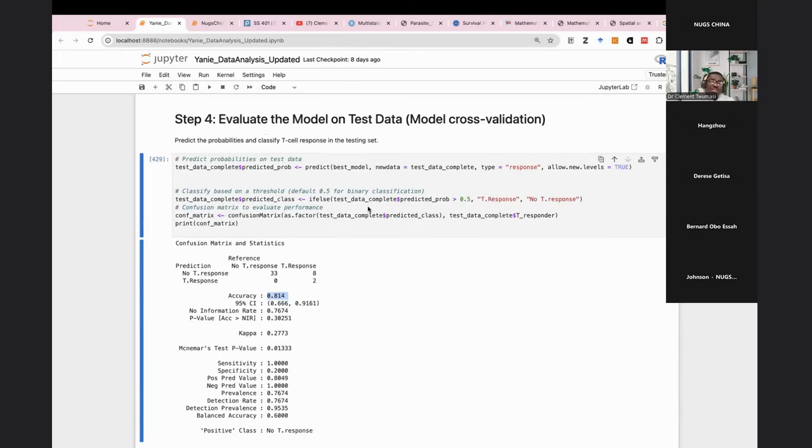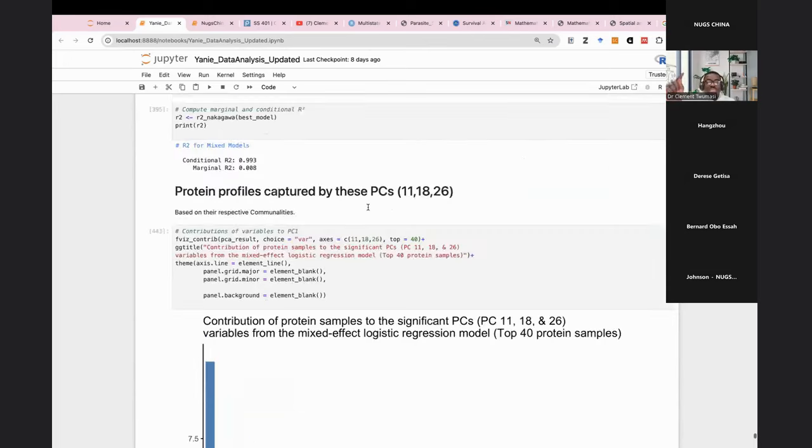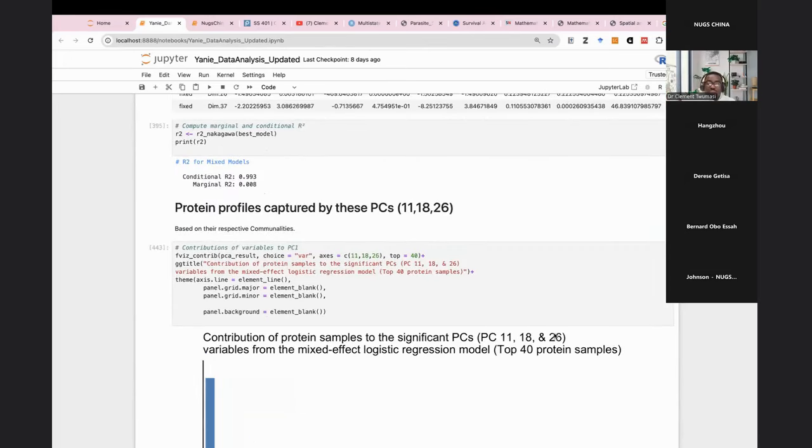And at the same time, if you use the principal components as predictors, you can select which of the protein samples actually have a significant contribution to those principal components you use as predictors.